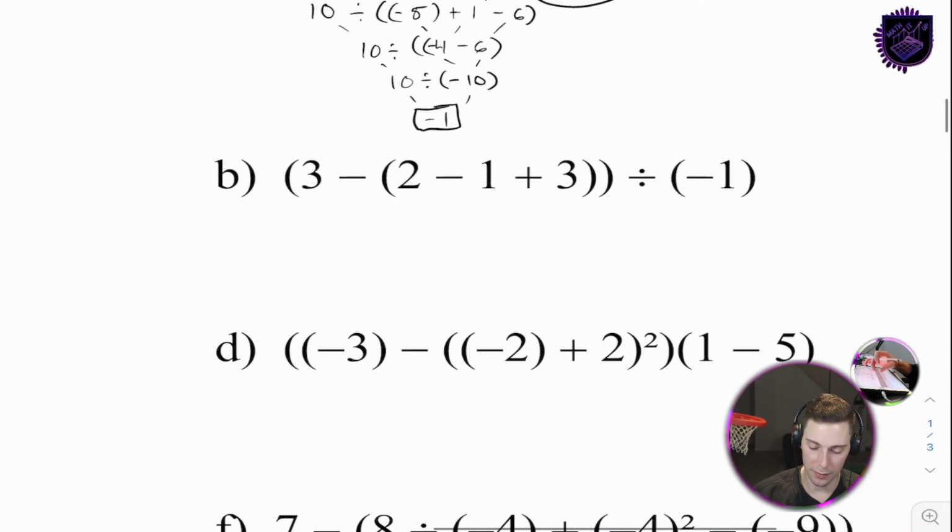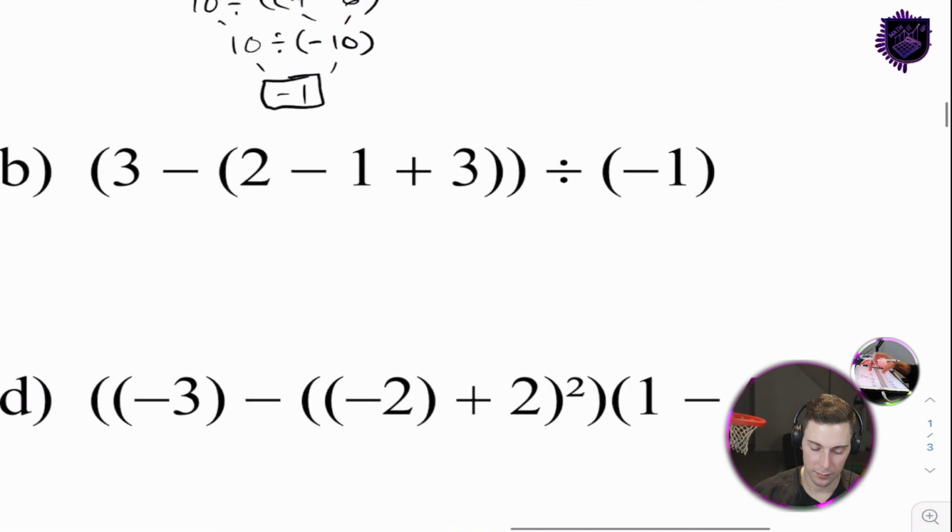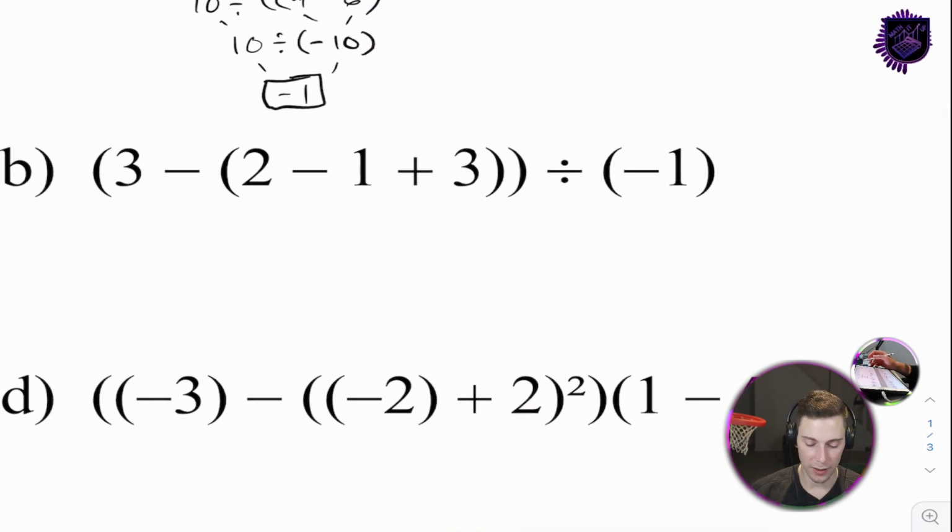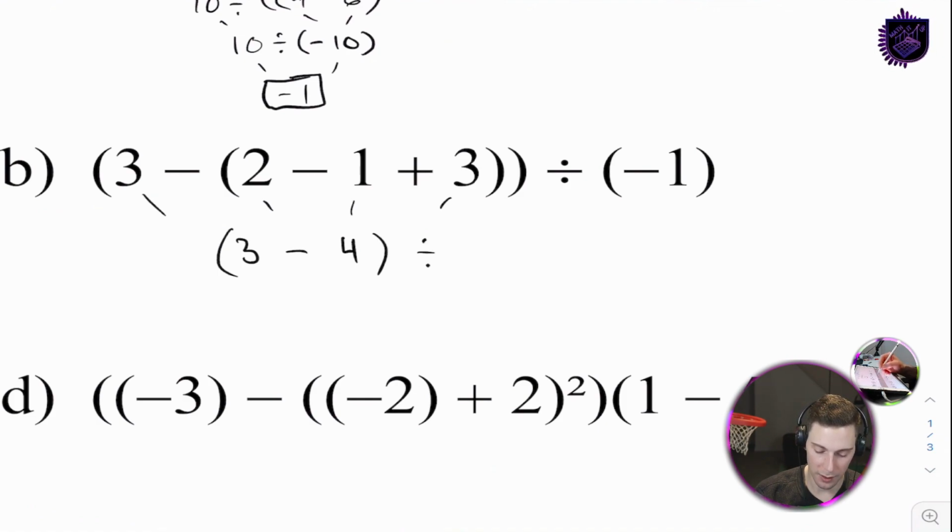For B, we have 2 minus 1 plus 3 divided by negative 1. Okay, so let's do this whole bracket in one step here. 2 minus 1 is 1, plus 3 is 4. So 4. And then we have this 3 minus 4 divided by negative 1.